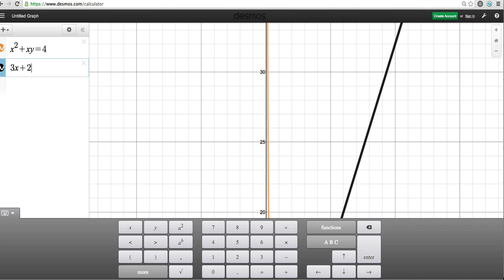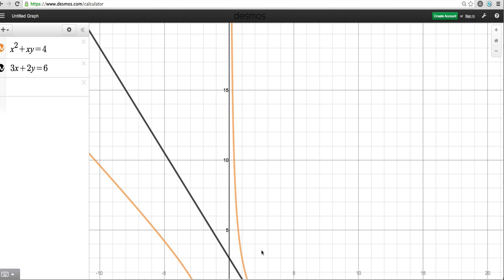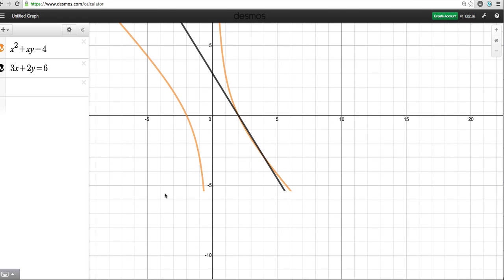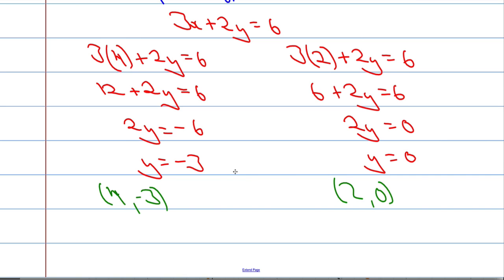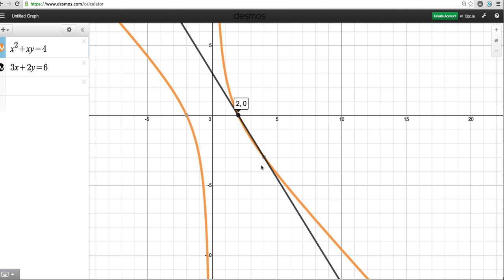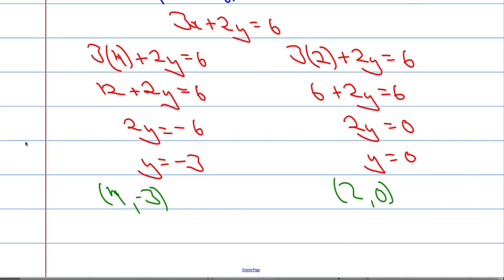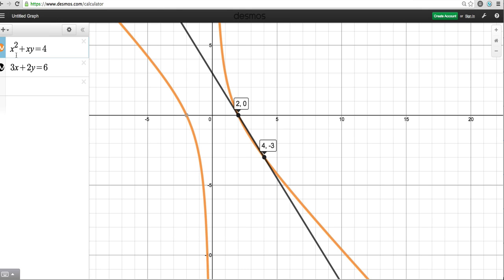Right, how did we do? I can see one solution here, 2, 0. Did we have that? Absolutely right. And then the other one we have 4, negative 3. Absolutely right. The orange graph is quite a complicated graph, but there's our two solutions. That's where the line cuts it.